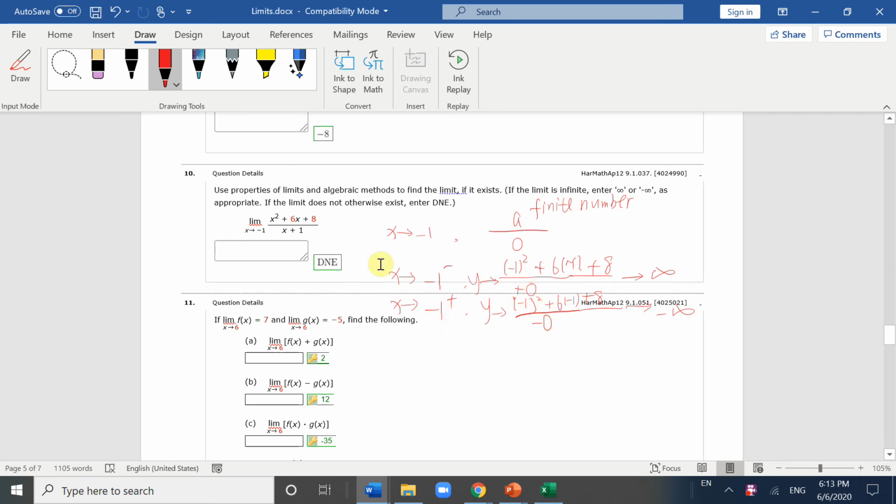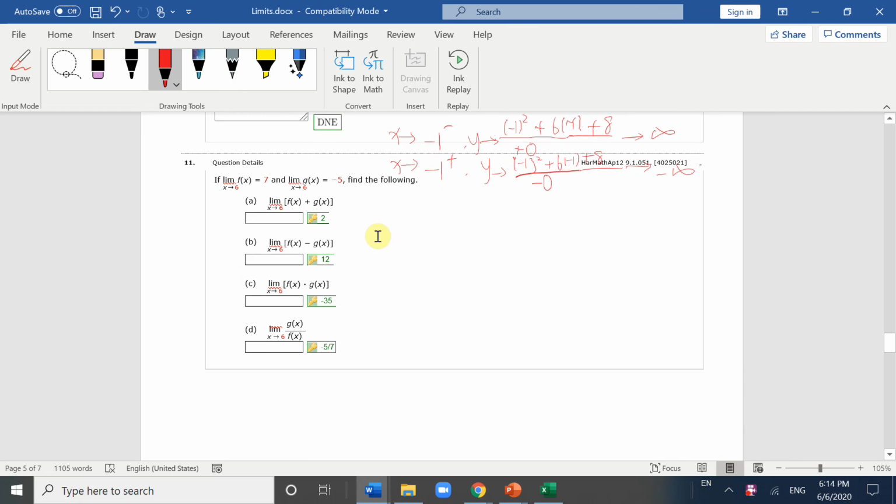But the denominator is x plus 1. From the left side, x is a little bit less than negative 1, so x plus 1 is approaching 0, but it's still a very small negative number. From the right side, x plus 1 is positive. Since the left limit does not equal the right one, the limit does not exist.